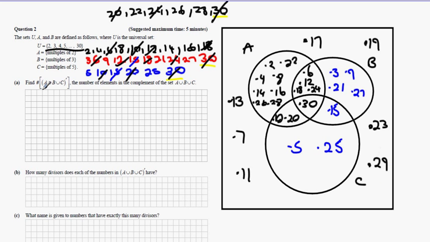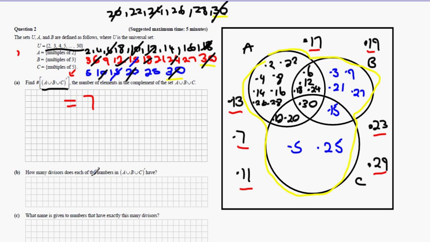So cardinal number of everything that's inside the brackets. And this little sign here, this comma or hyphen or whatever, means everything that's outside it. So how many numbers do we have outside it? We have 1, 2, 3, 4, 5, 6, 7. So the cardinal number is 7.